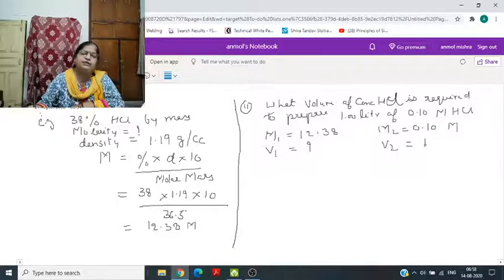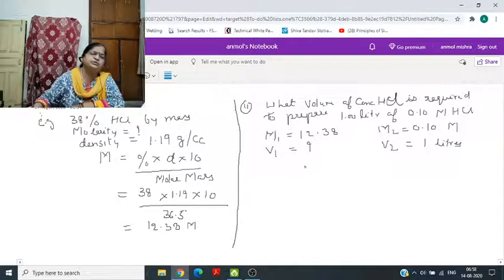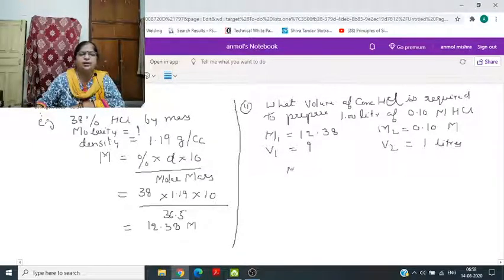If you take 1 liter, it will come out in liters. If you want the answer in ml, then you can change it. The formula is M1V1 is equal to M2V2.